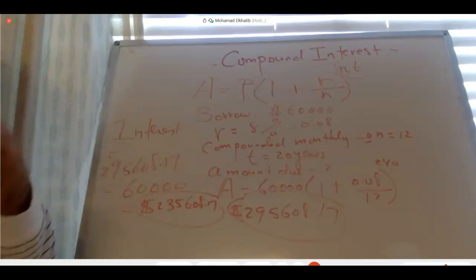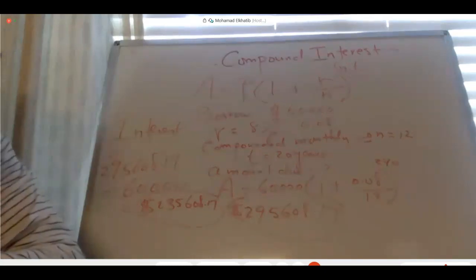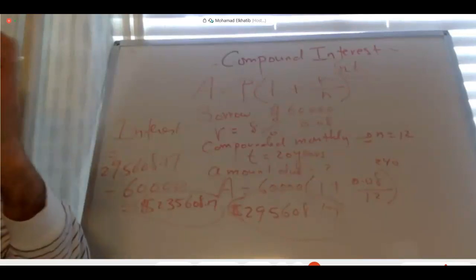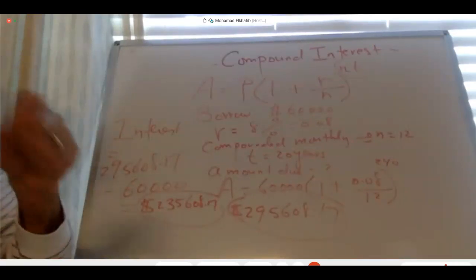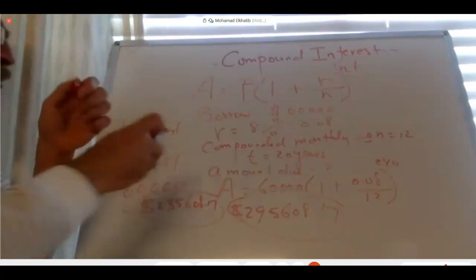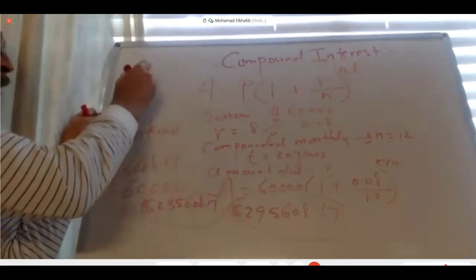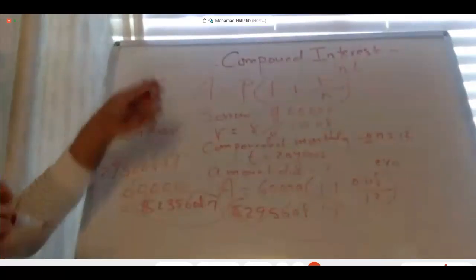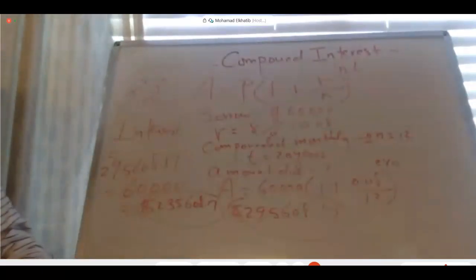Let's try it again. 0.08 divided by 12 equal. Ready? Yes. Plus 1 equal. Don't do times 240. Remember, there's so many keys to raise to the power. Either x to the power y, y to the power x. I don't know what kind of calculator you have. Try to find any of these keys first.